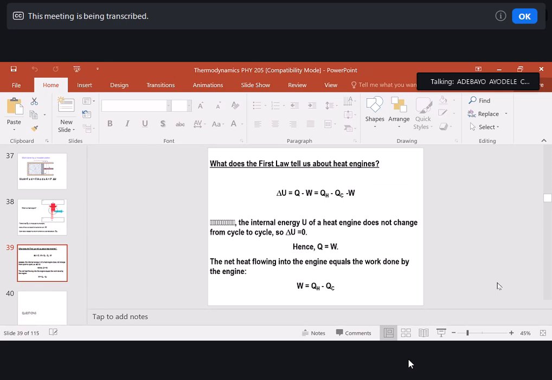W is the work done by the system, right? Yes, sir. So the Q here is the difference between the hot heat supply and the cold heat supply. That is why you have QH minus QC. Are you okay now? Yes, sir.